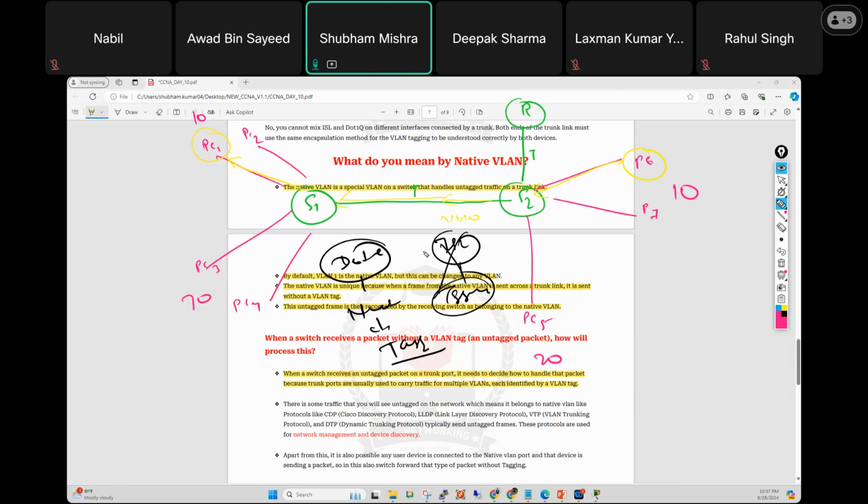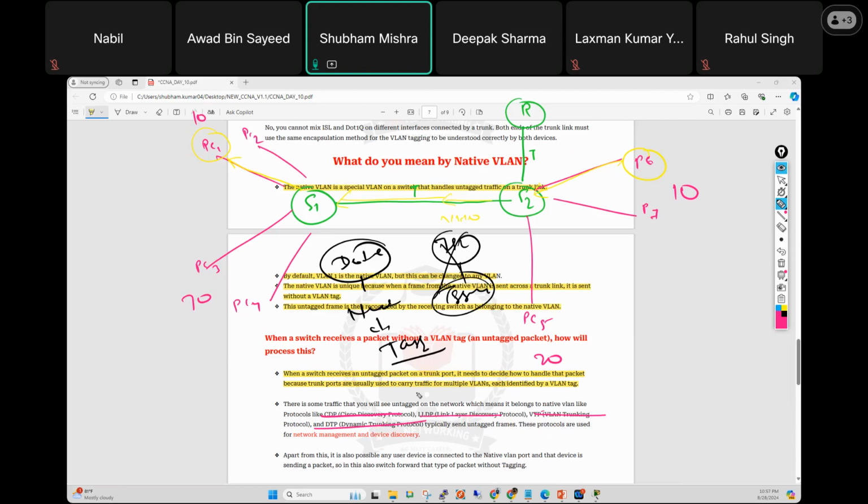For example, keepalive messages, CDP messages, LLDP messages, VTP messages, DTP messages. These are basically used for discovery. These are the default packets, and after some interval of time, switches exchange these messages.